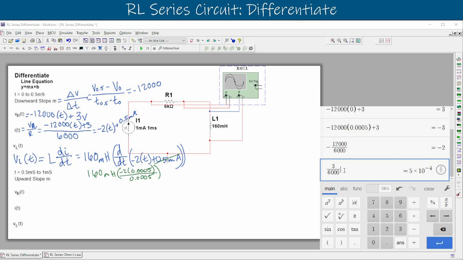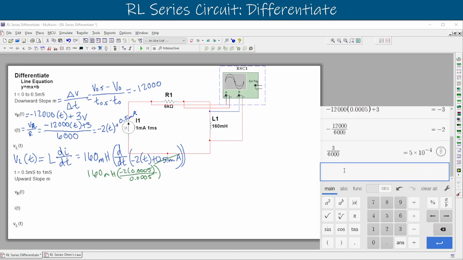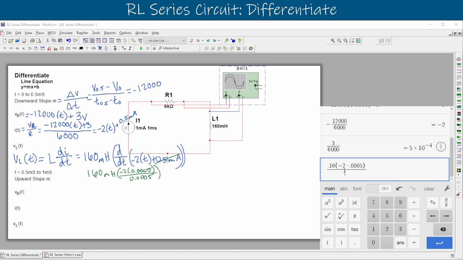So let's put that into our equation here. We'll say that we have 0.16, that's our inductor there. I moved that millihenries out, multiplied by negative 2 times 0.0005, and that is divided by 0.0005. And this one has to be out front. It's probably going to be the same though, 0.16.